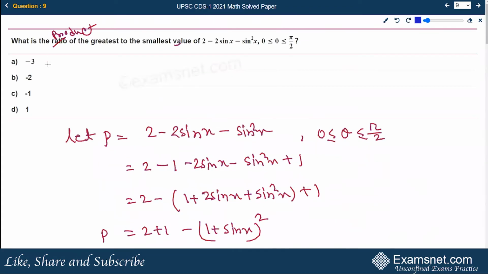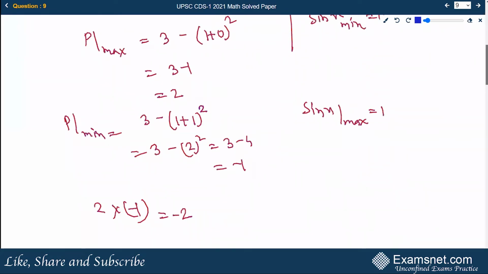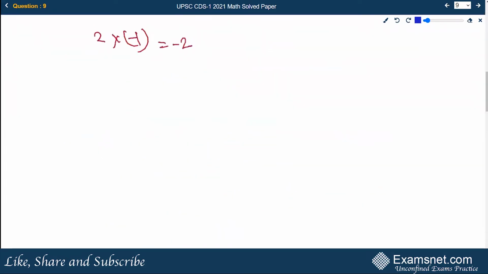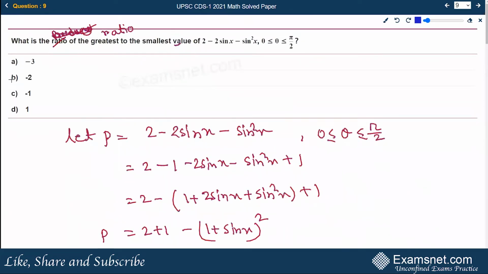Here, option B is the correct answer. Or if I write it that way also, if I take the ratio, it will be 2 is to minus 1. That means 2 by minus 1 will give us minus 2. Yes, we can find the ratio also. Option B, minus 2, is the correct answer.